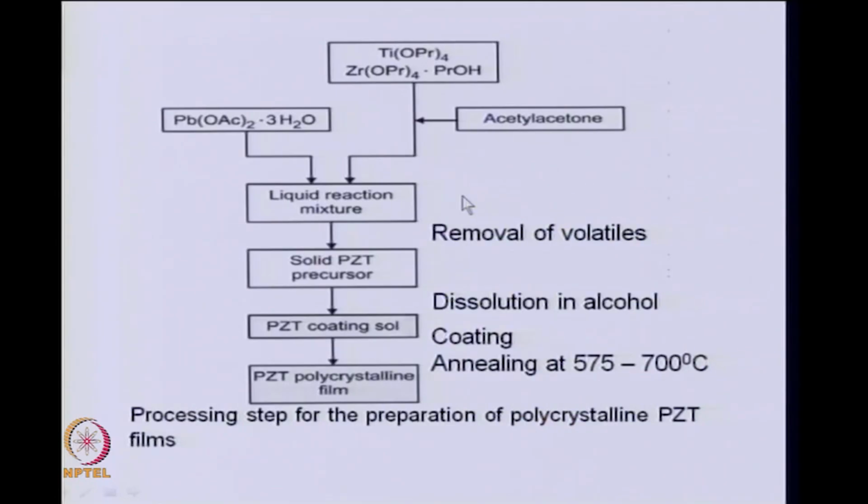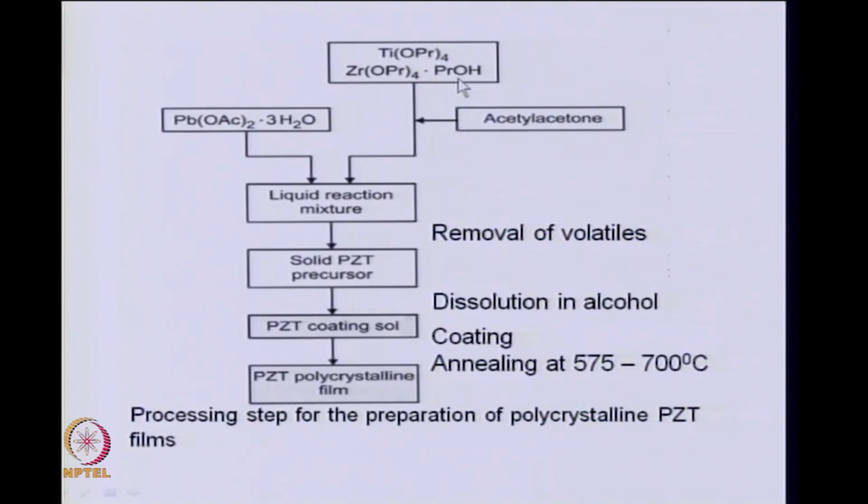So, how you obtain this material using the sol gel process is you start with titanium and zirconium alkoxides. So, you have this tetra propyl alkoxide of titanium and of zirconium, and you dissolve them in alcohol.